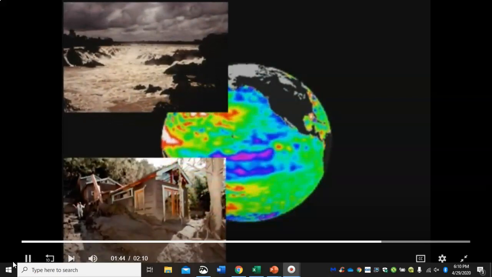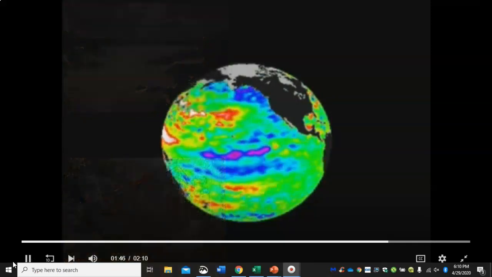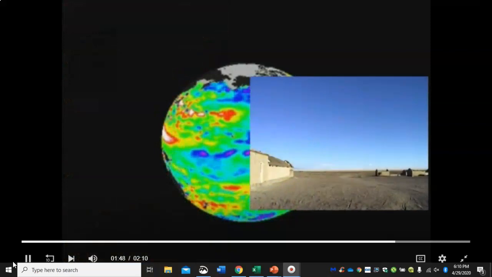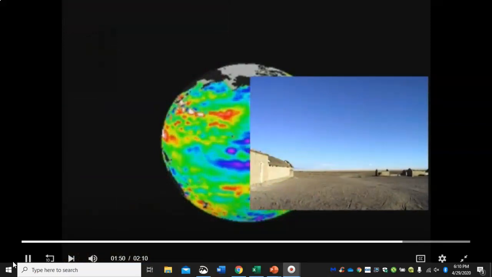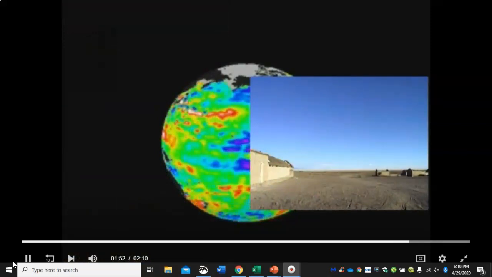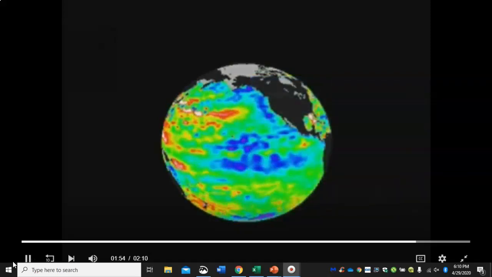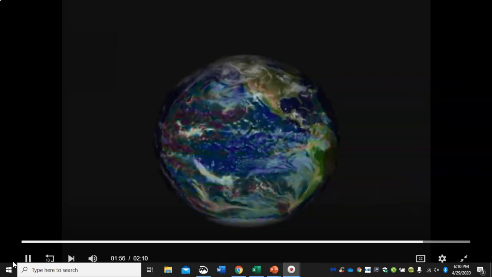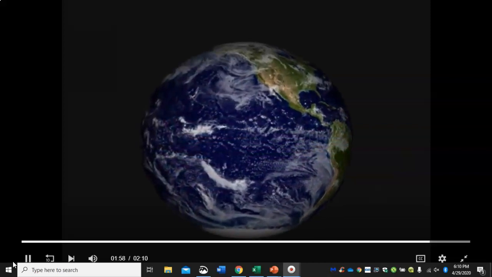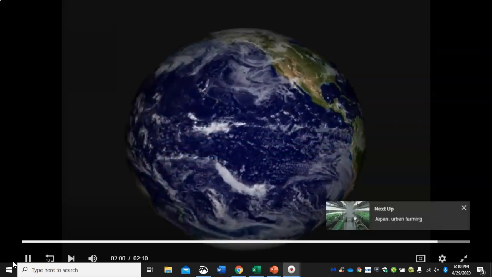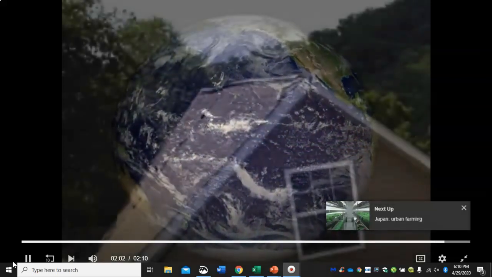To the east, on the other hand, the surface water cools, and the American coasts have unusually dry weather. Climatic disturbances caused by the El Nino-La Nina phenomenon are not limited to the coasts of the Pacific Ocean. The entire planet feels its effects.